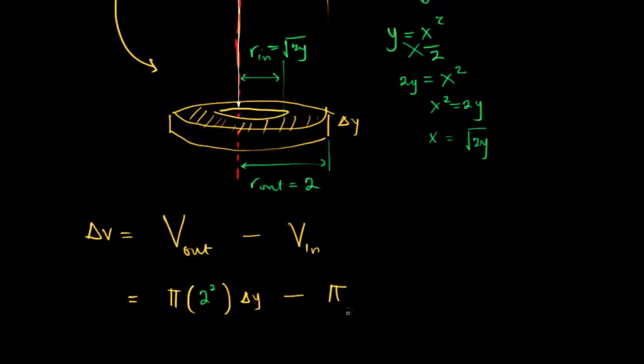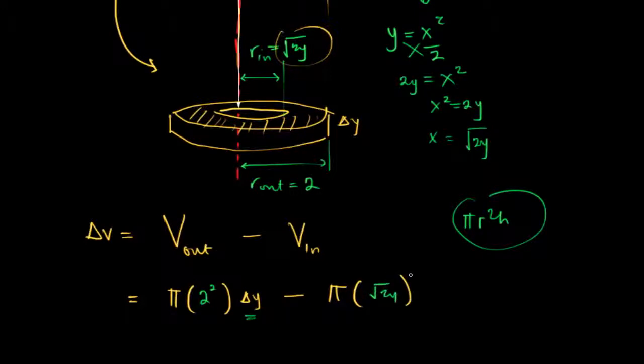Minus the volume of the inner cylinder. Again, what we're using is the formula for the volume of a cylinder, pi r squared times height. So this is pi r squared times my height. And then for the inner cylinder you have pi times the radius of the inner, which is the root of 2y, all squared, then times delta y.